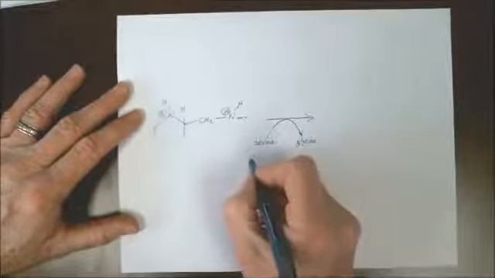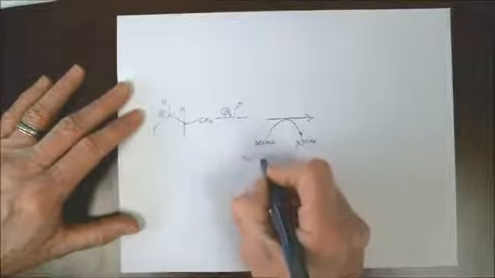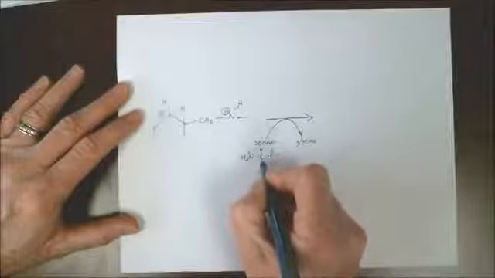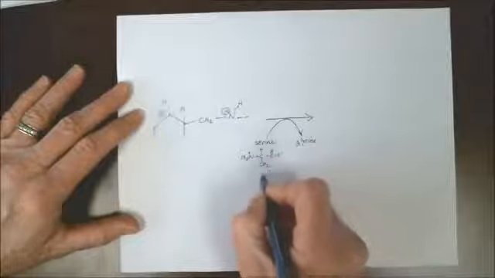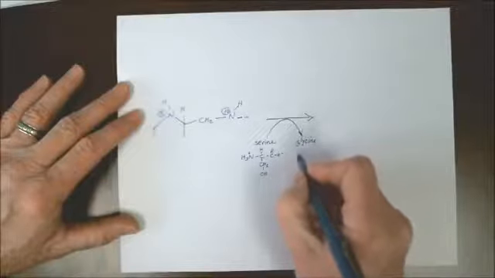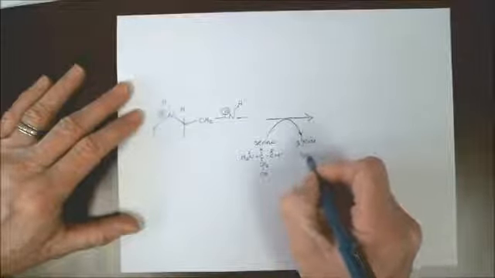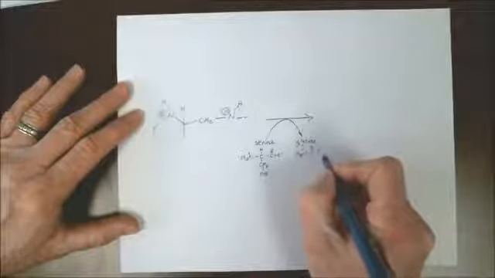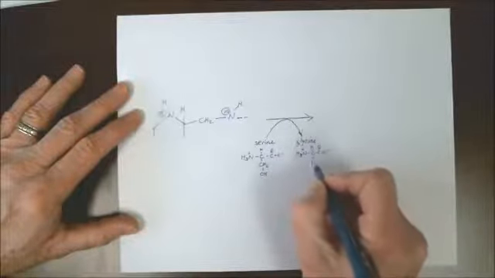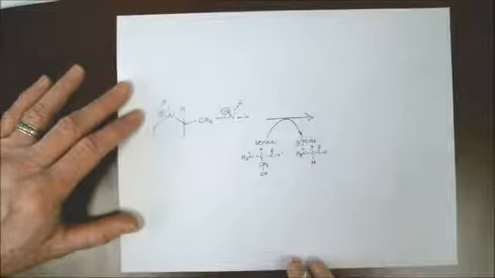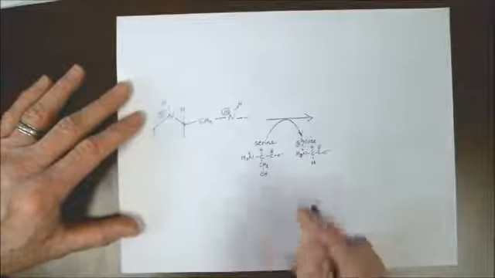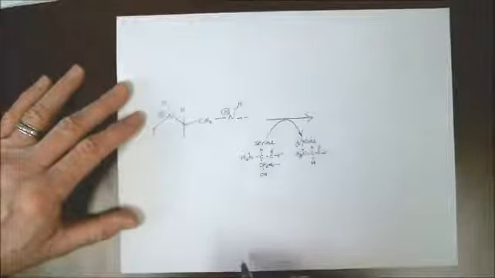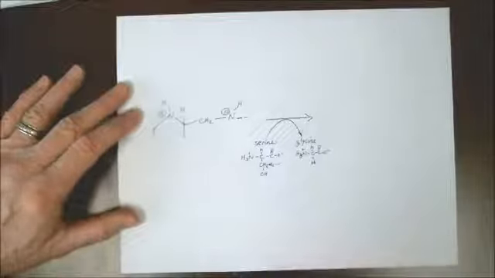So remember, serine to glycine. So remember, glycine has the hydrogen as the side chain. So it's this carbon right here that will be donated into forming the substrate for the 1-carbon reaction.